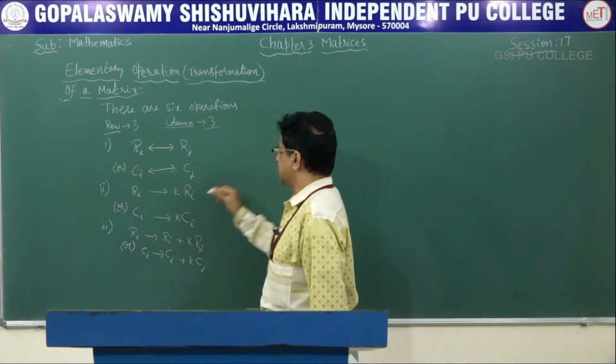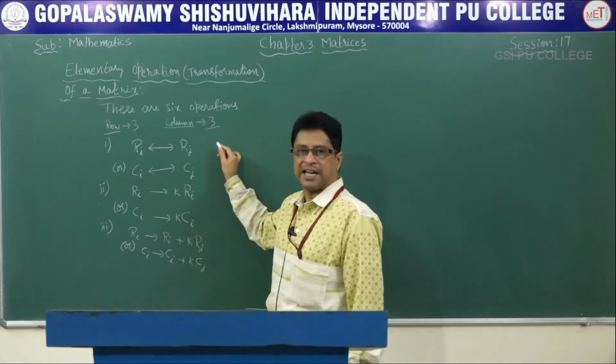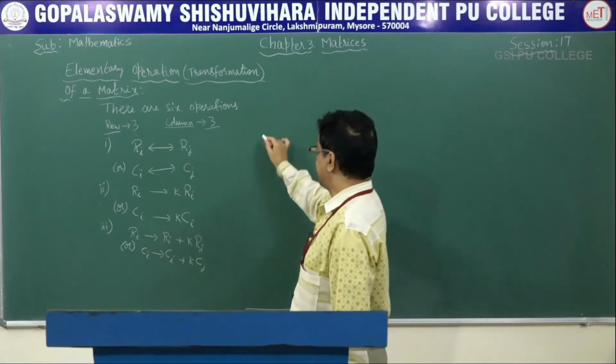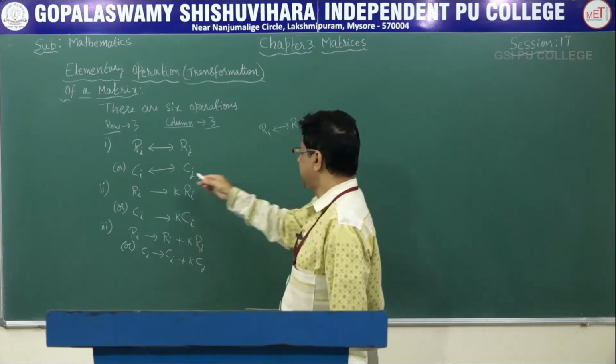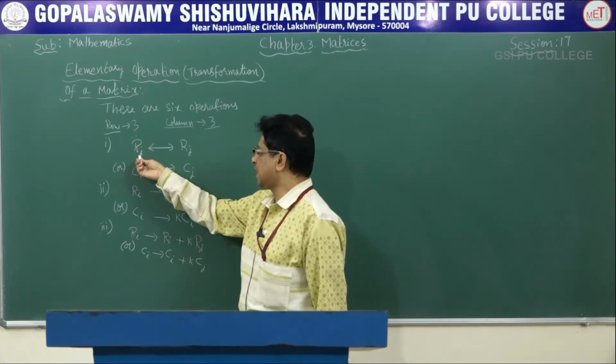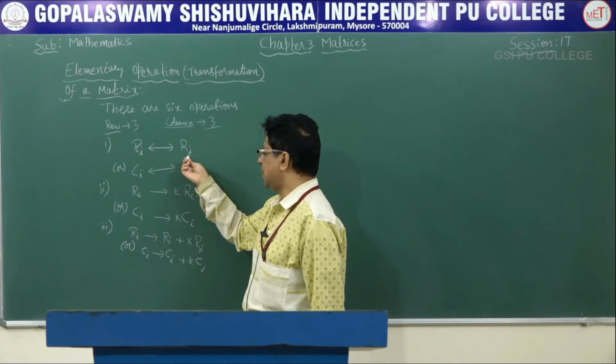The first operation is that any 2 rows can be interchanged, that is R1 can be interchanged to R2. So in general we represent Ri can be interchanged to Rj.